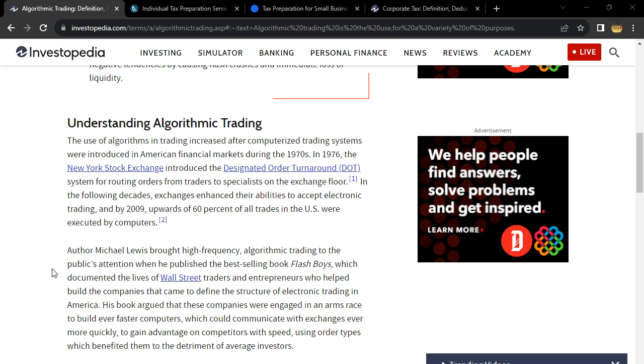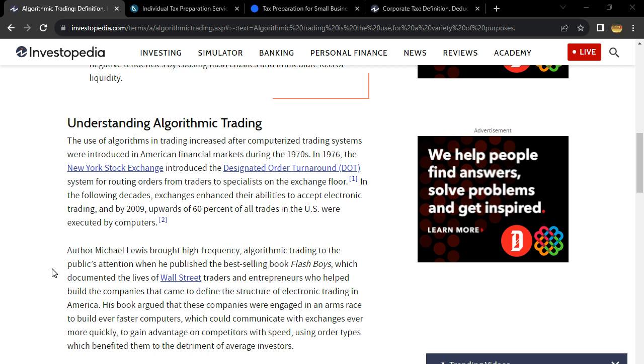Author Michael Lewis brought high frequency algorithmic trading to the public's attention when he published the best selling book, Flash Boys, which documented the lives of Wall Street traders and entrepreneurs who built the companies that came to define the structure of electronic trading in America.